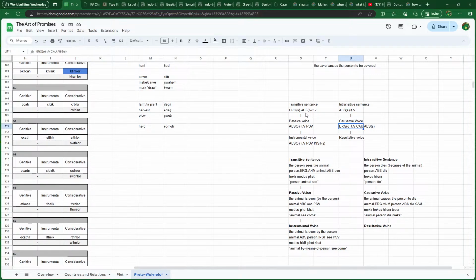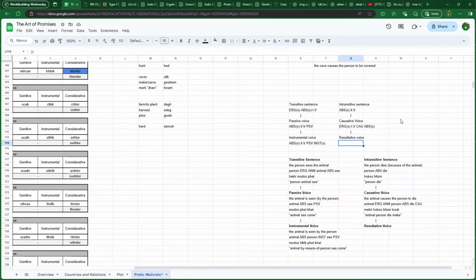And because the object of a transitive sentence becomes the subject of the passive voice, then the original subject of the intransitive sentence becomes the subject again in the resultative voice. The scholars of this world are going to have a field day with this one when they discover it.